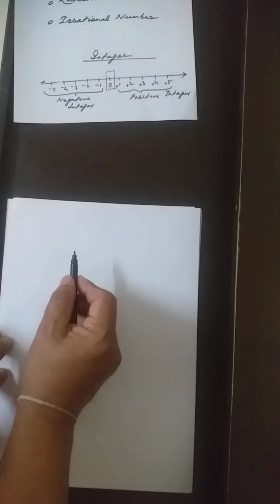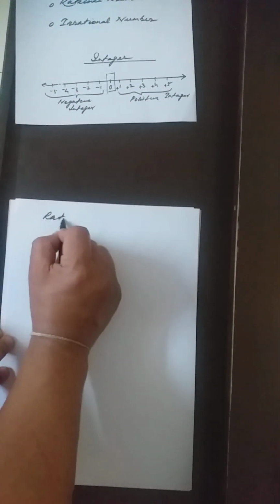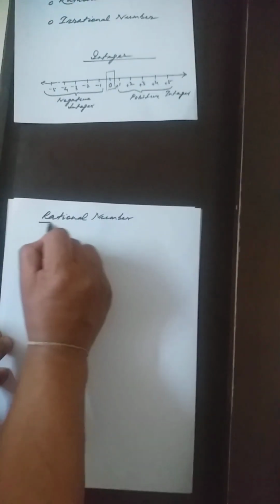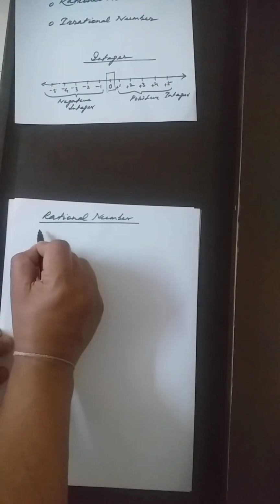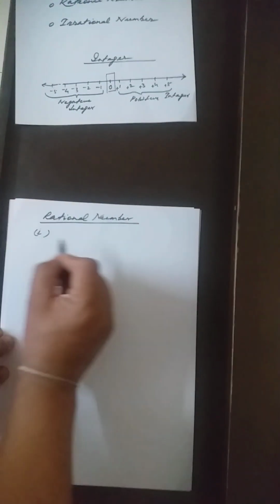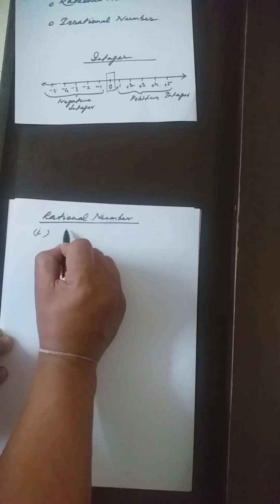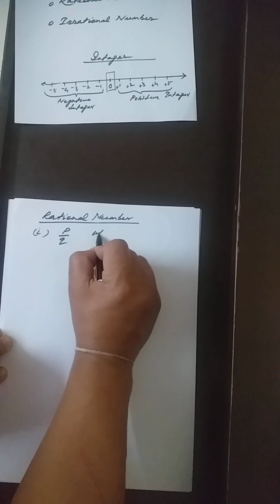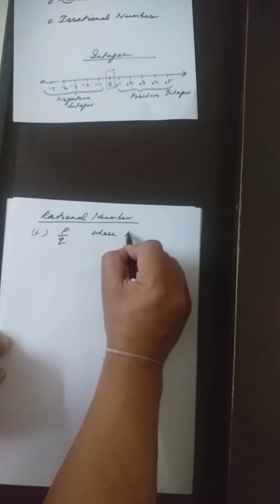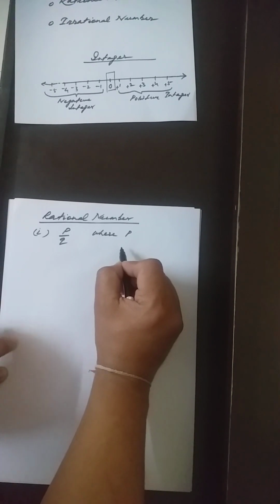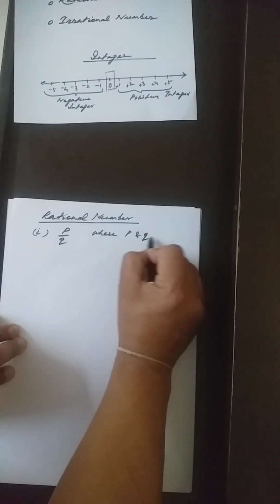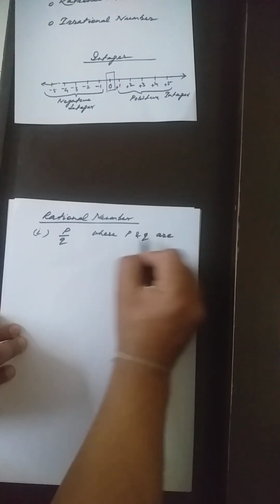What exactly are rational numbers? In your mathematics books, you must have found that any number which can be written in the form of p divided by q, or p upon q, where p in the numerator and q in the denominator are co-prime.